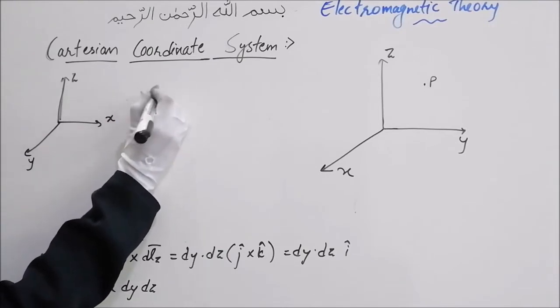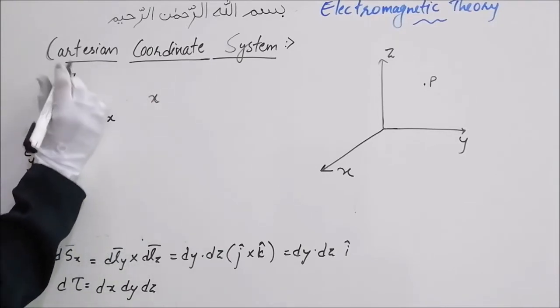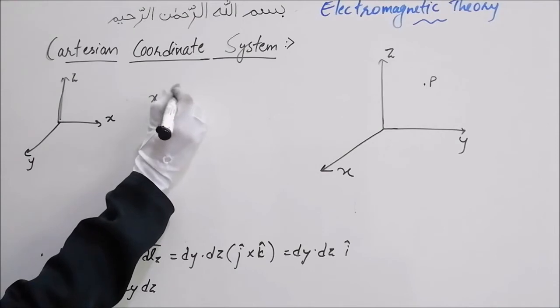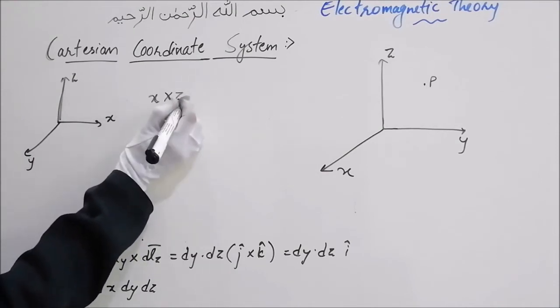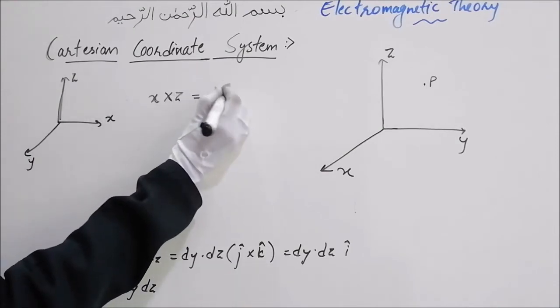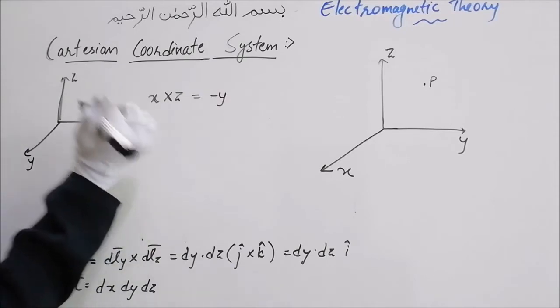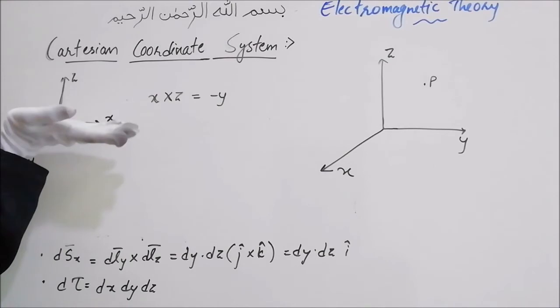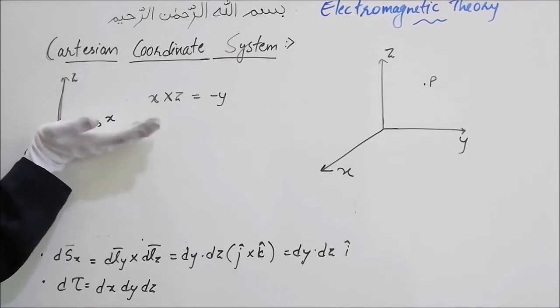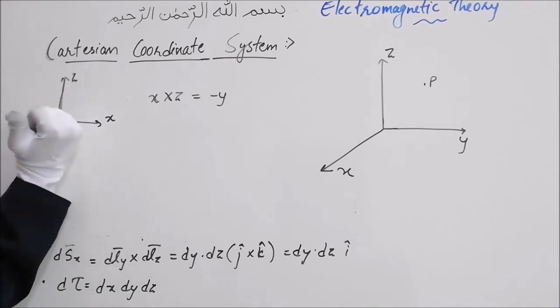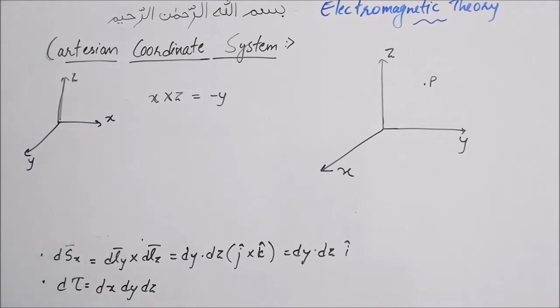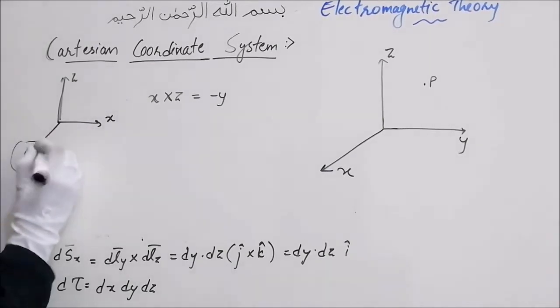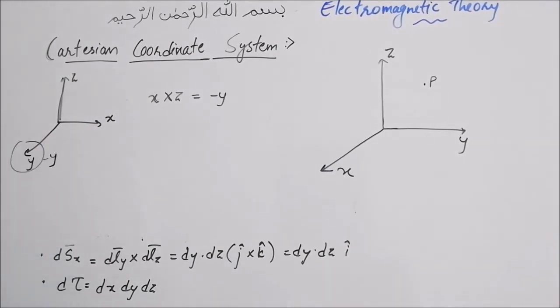That means I'll get x cross z, and we know x cross z is minus y. So the thumb will point towards the direction of minus y. That means if I take x along this direction and I curl along z, my thumb is in this direction, that is this direction is not actually y, it will be minus y.